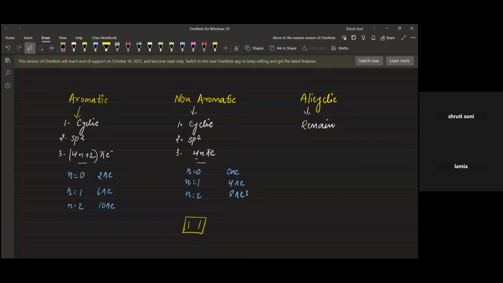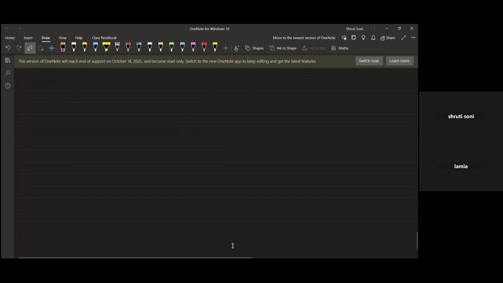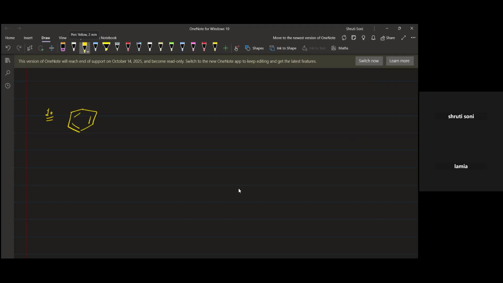Okay, I'll give you some examples and you identify whether the given compound is aromatic, anti-aromatic, or what type of compound. The first one. Is every carbon sp2 hybridized or not? Firstly identify that, okay?